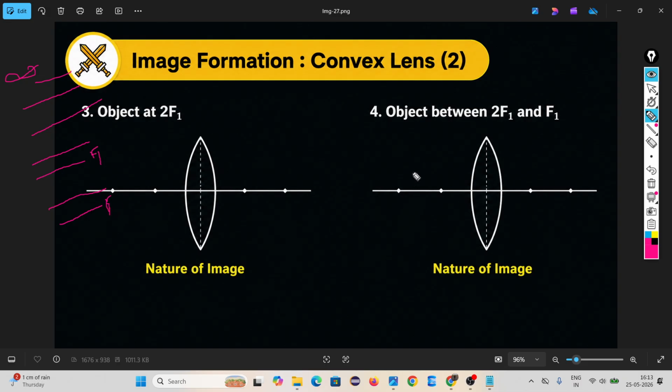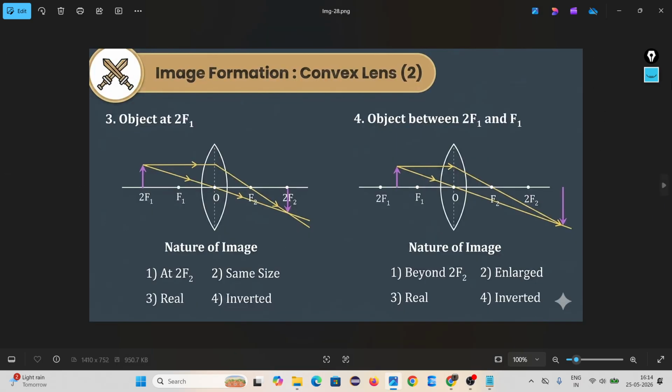But here, when the object is between these, one should be parallel, but the second one is through the optical center. And you know a ray through the optical center is undeviated. Image is created beyond 2F2, enlarged, real, inverted.